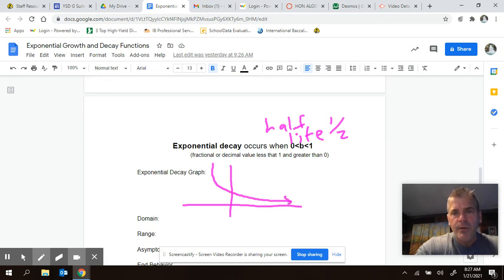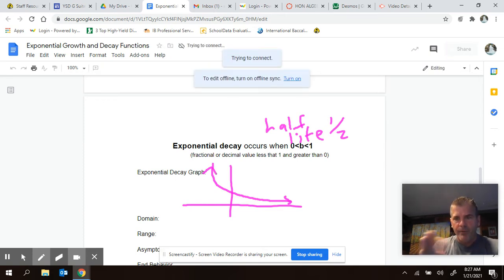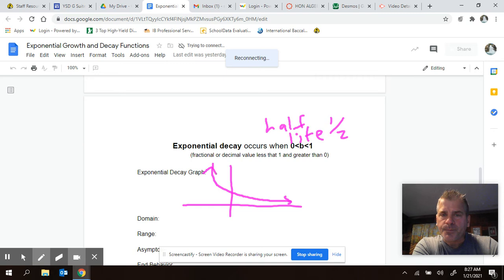In this case, way out to the right, for the big numbers out there for our x value, because it's a number less than 1, it's being raised to a larger number. It's getting smaller and smaller and smaller in its amount, closer and closer to 0. Never reaches 0. We'll look at that again as we go into Desmos. But the graph itself is really kind of a flip over, so to speak, of this exponential growth.